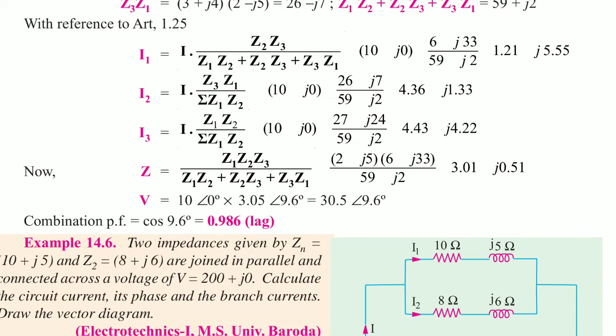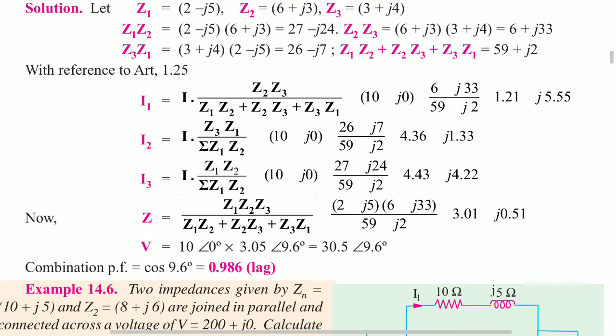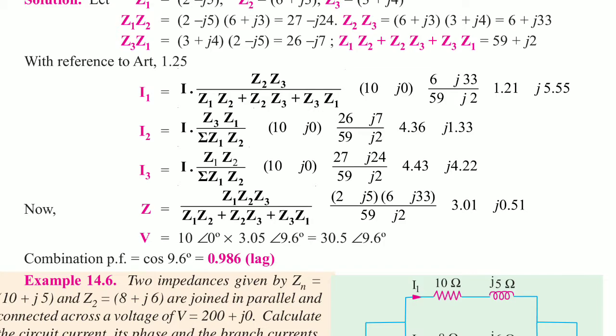So V is nothing but current into Z. Here current is 10 angle of 0 degrees and Z is 3.05 angle of 9.6 degrees, that is equal to 30.5 angle of 9.6 degrees.